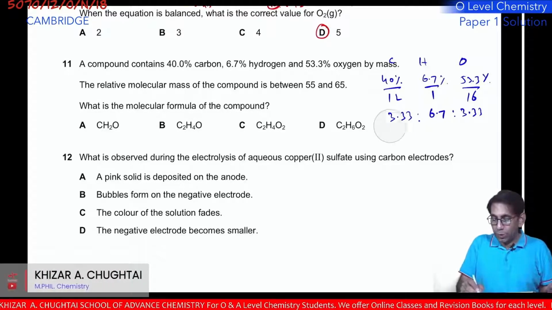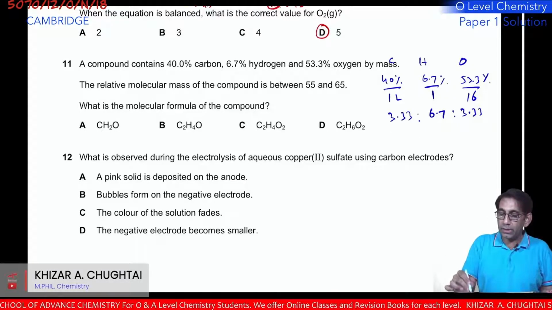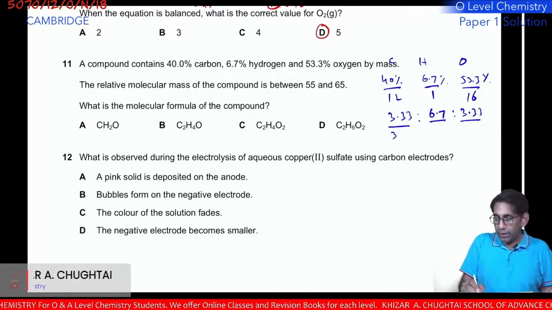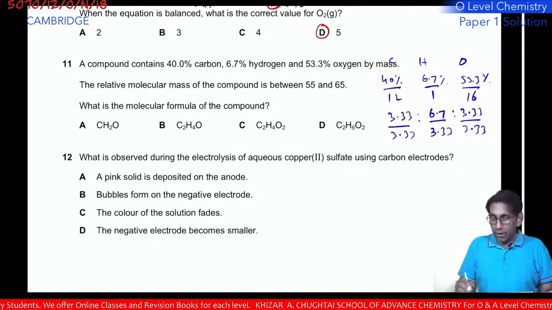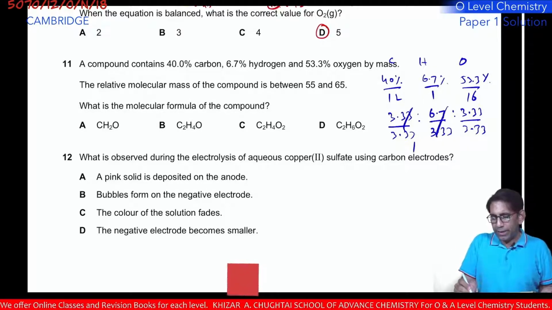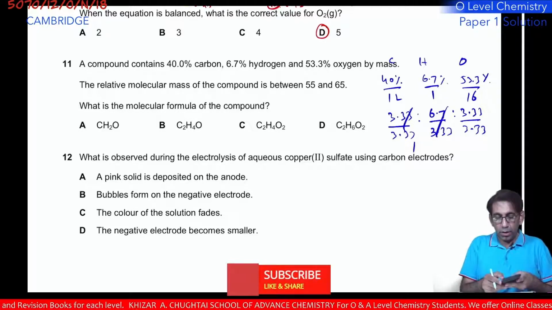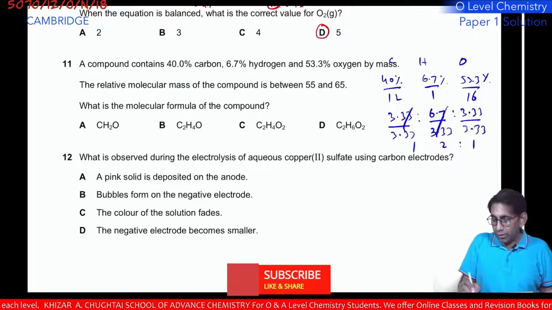So the smallest one is 3.33. So I am going to divide all numbers by 3.33. This is equal to 1, and this will be equal to 2, almost 2, and that's equal to 1.